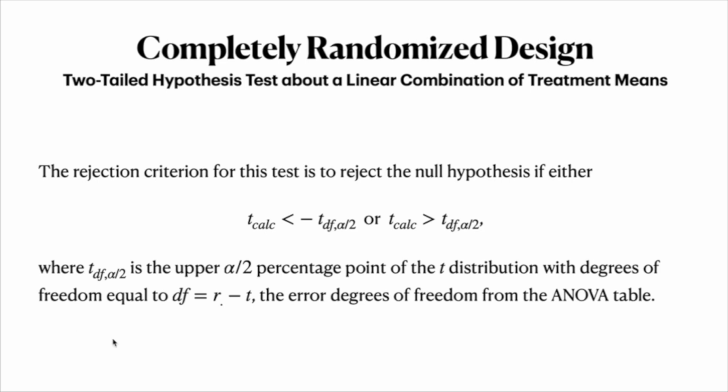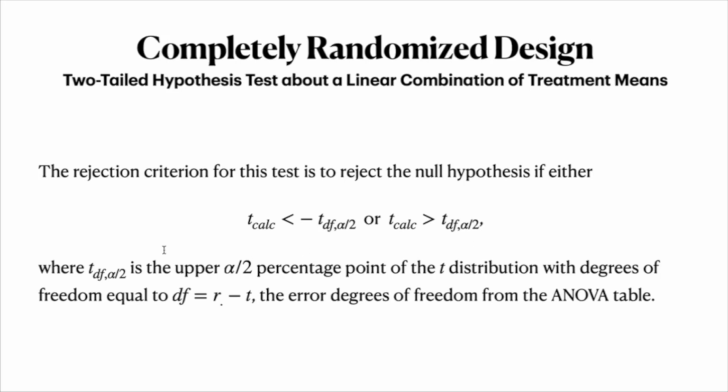Now, this is a two-tailed or two-sided test. The rejection criterion for this test is therefore a two-sided rejection region. In particular, we're going to reject the null hypothesis if our test statistic t-calc is either really small or really big. And in particular, if t-calc is either less than the negative of the upper alpha over 2 percentage point of the t-distribution with a given number of degrees of freedom, or if t-calc is greater than the positive version of that critical point.